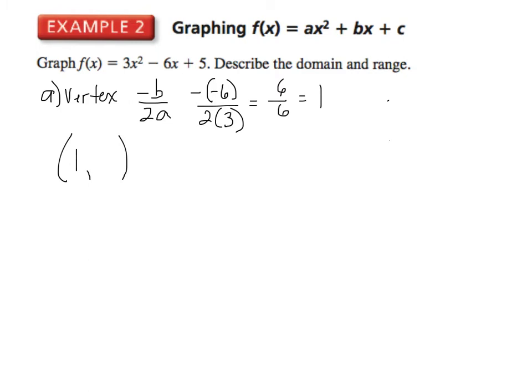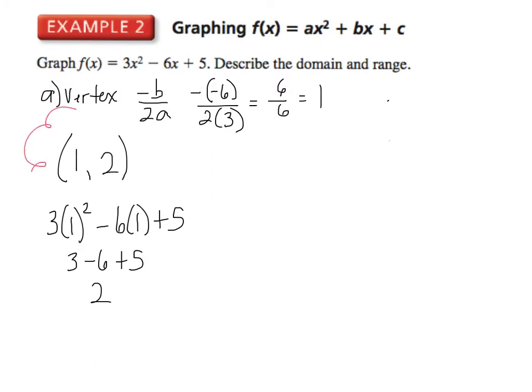So now I plug in 1 to my equation. And if I solve that, that's 1 squared times 3, which is 3 minus 6 plus 5. That's 8 minus 6, which gives me 2.